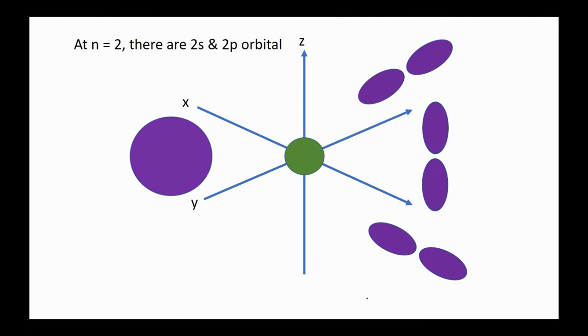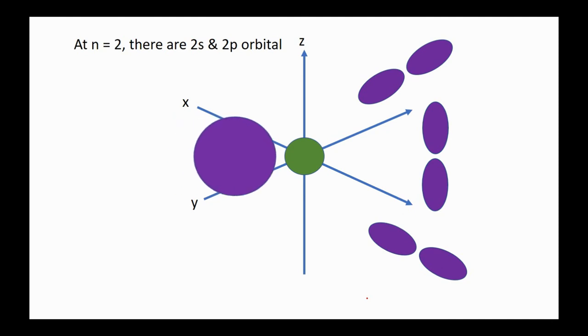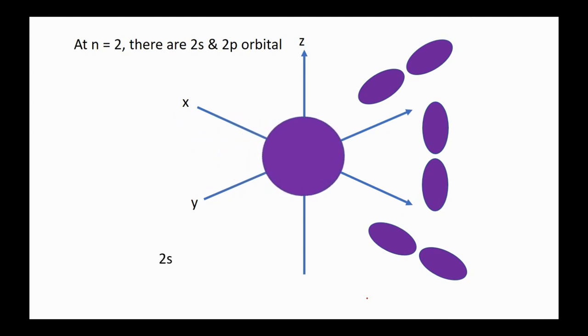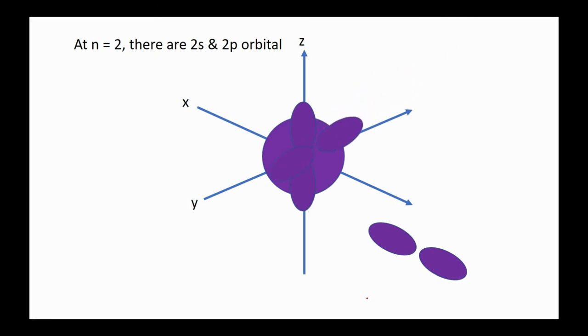So at n equals to 2, we have 2s orbital. Okay. And then we have 2pz orbital. Then we have 2py orbital. And also 2px orbital. Okay, so all of them sit close around the nucleus, all at the same time. Okay, so here you do not know how to draw everything at once, because you will learn to draw separately only.